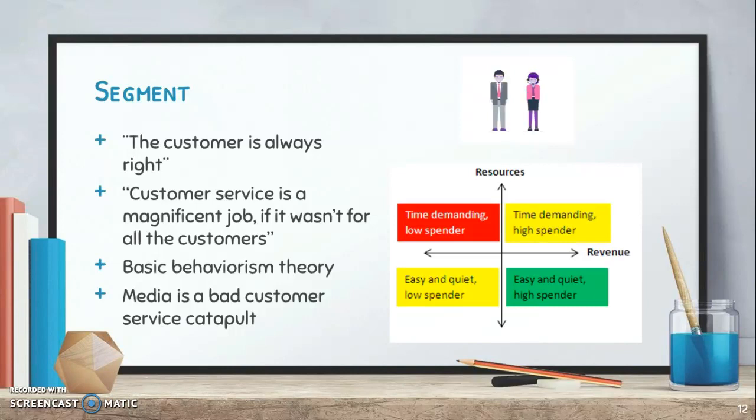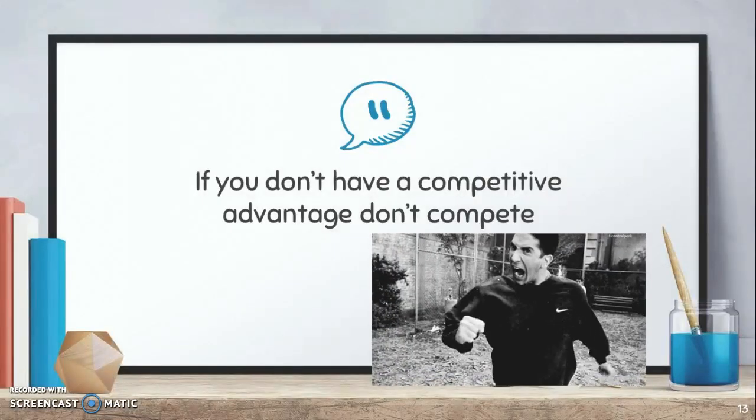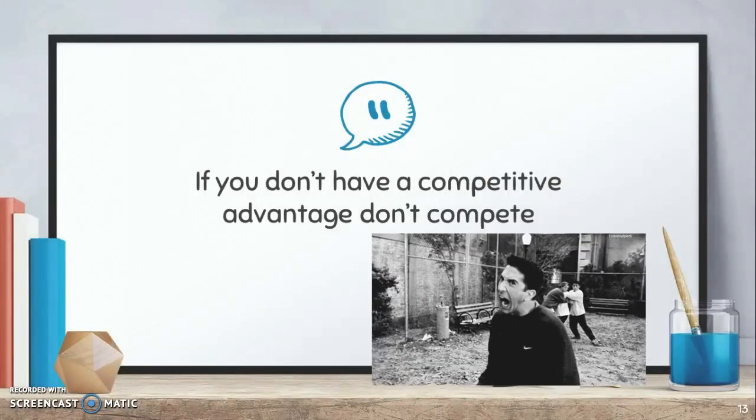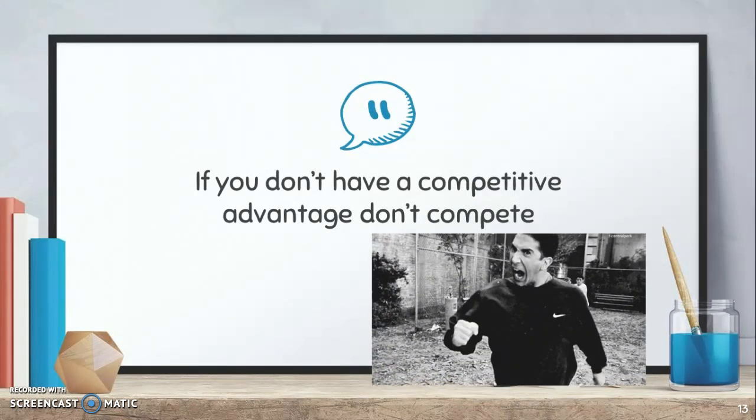If you do not have trust and communication with this specific quadrant of customers, then you will end up losing them and handing them to the competitors. If you don't have a competitive advantage, don't compete.